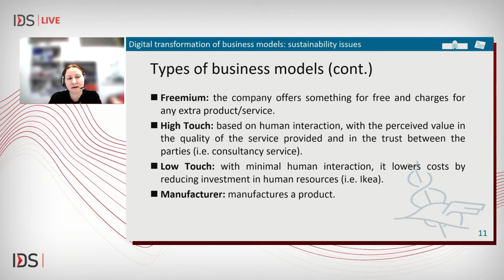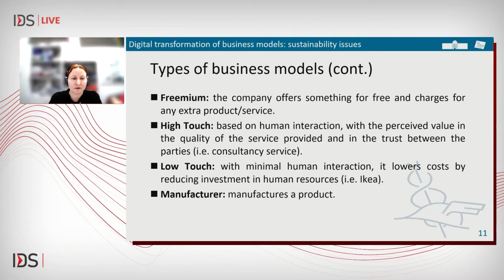Then we have the high touch model. The high touch model is based on human interaction. That means that human interaction with the customer is the service which we provide, and because of that we get money. For example, here is consultancy services.